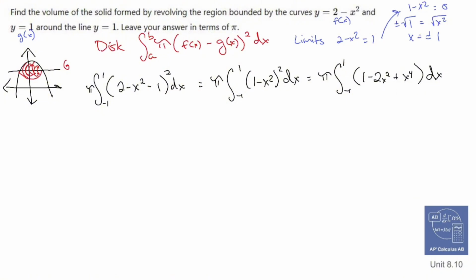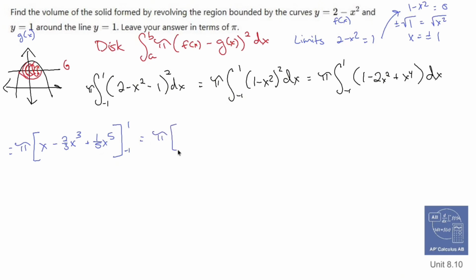Now it's time to integrate. Pi is still going to live out there. All right. The integral of 1 is x. And then we have negative 2x squared, which becomes negative 2/3 x cubed. And then we have x to the fourth, so plus 1/5 x to the fifth, with my limits existing at negative 1 to 1. Now we plug stuff in.